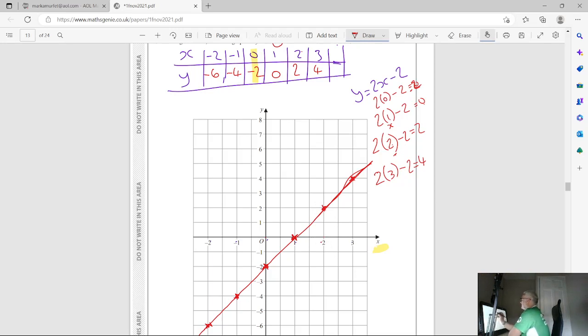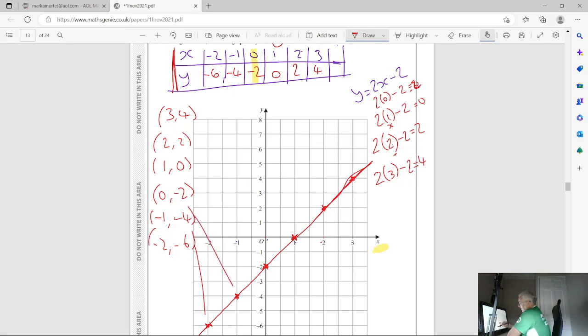Imagine these points at the top here. So 3, 4, that's your top point. Then 2, 2, and 1, 0. So we've got our list of coordinates, along the corridor, up the stairs. And then -2, -6. And these are the points that we plotted.